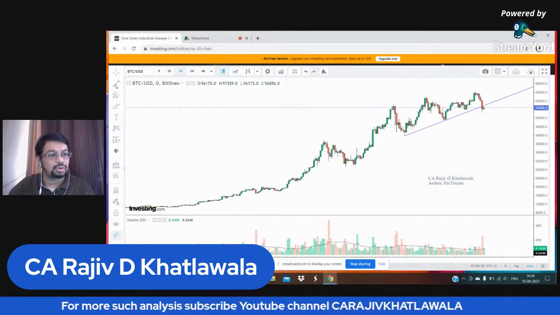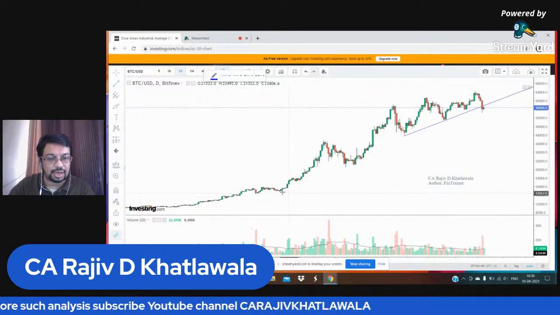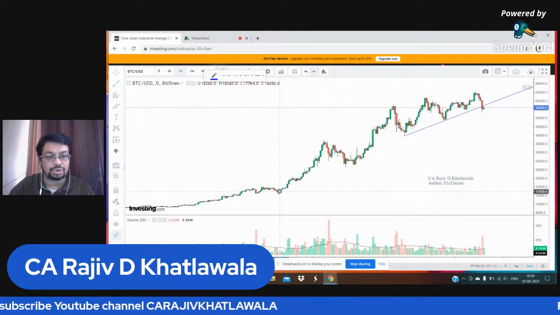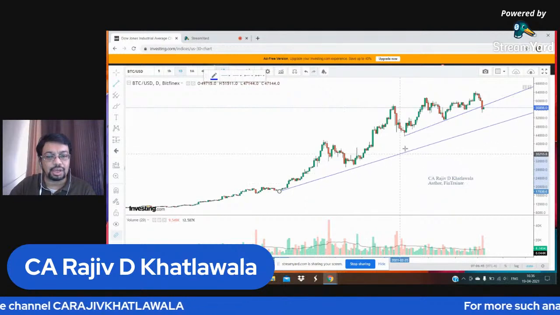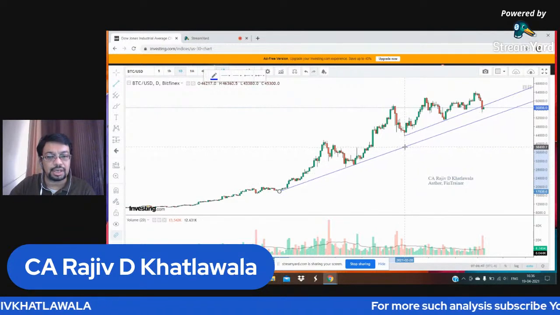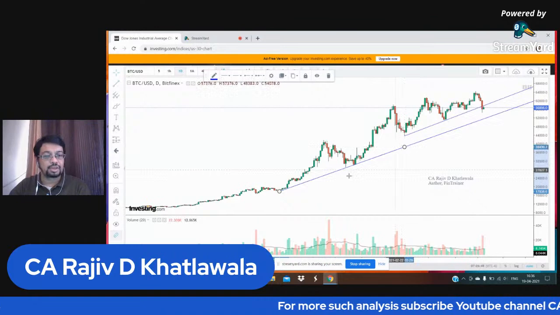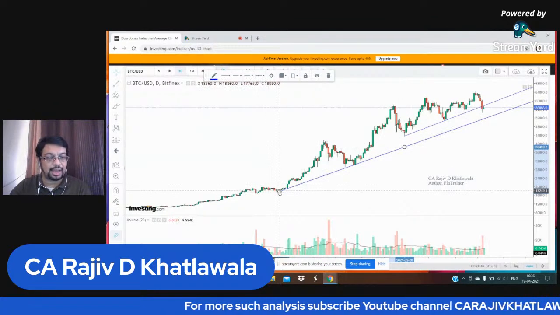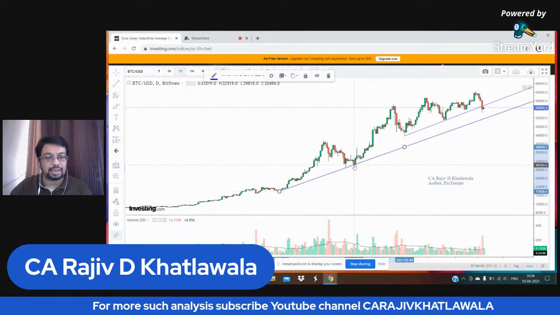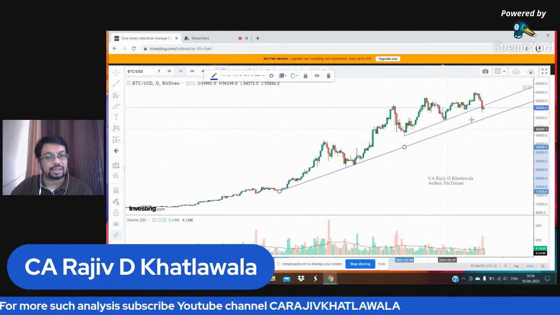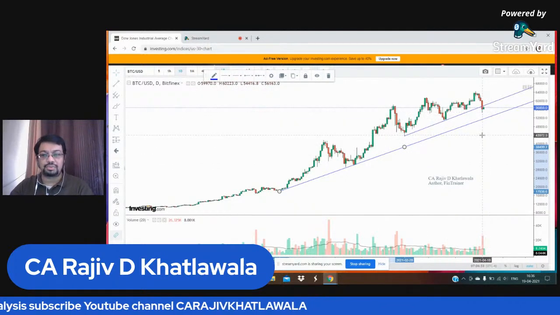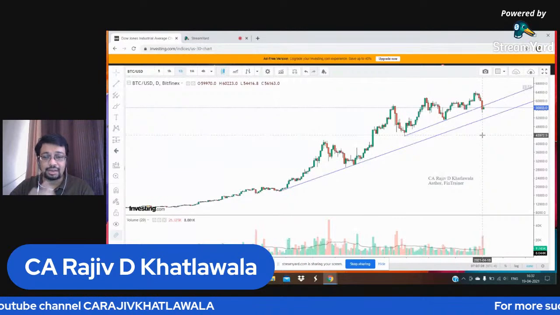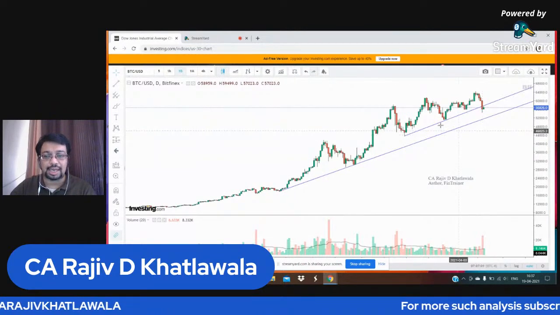So I will go back further in time and draw one more trend line by joining two intermediate lows again. Now I have joined point A here and point B here, and extended this, so effectively I have drawn two trend lines.